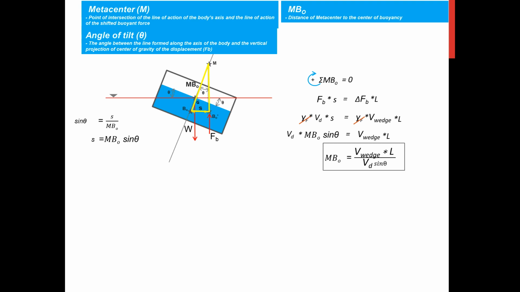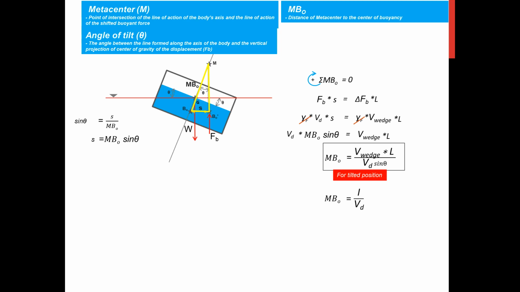Hence we have this formula applicable for tilted position. Why tilted position? Because in here we do have the volume of the wedge, and the volume of the wedge is the triangular portion because of the tilting.